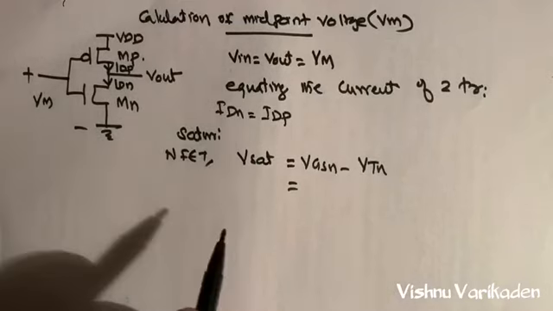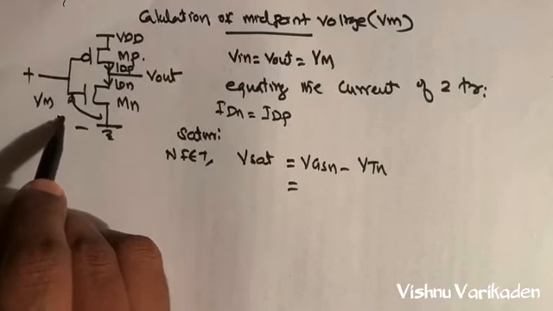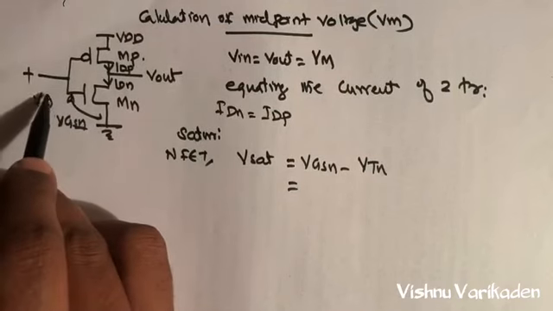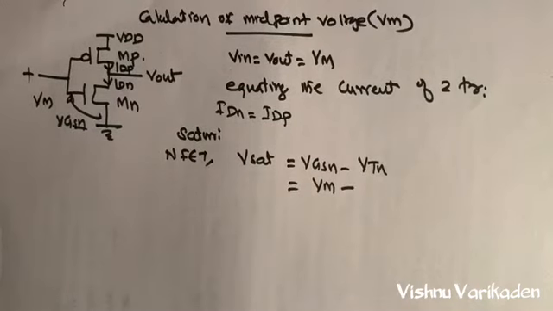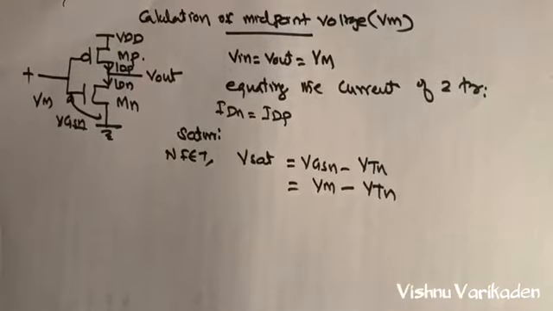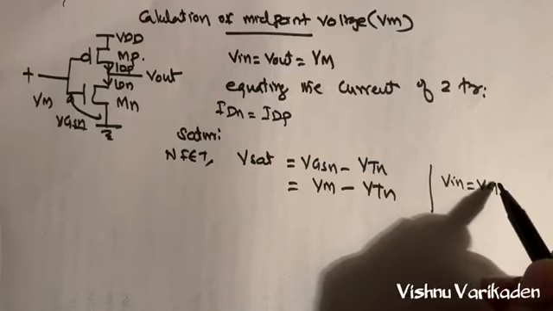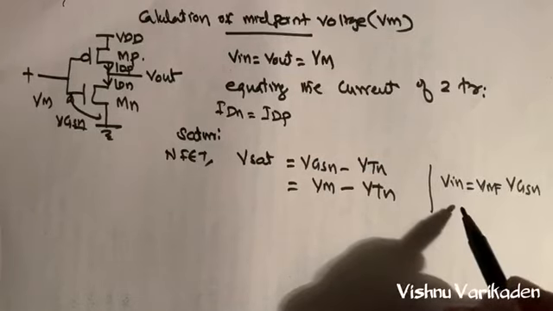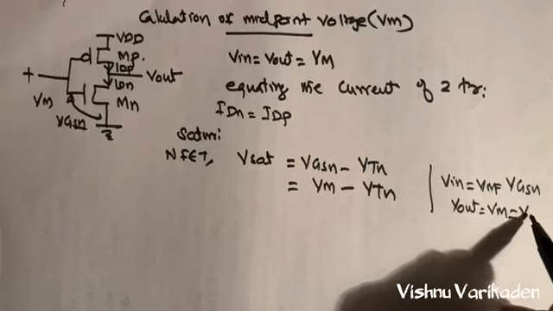This is our gate to source condition, VGSN. VGSN now is VM, since we already defined VGSN as Vin. So VM minus VTN. The hint is that Vin is equal to VM is equal to VGSN, and Vout is equal to VM is equal to VDSN.